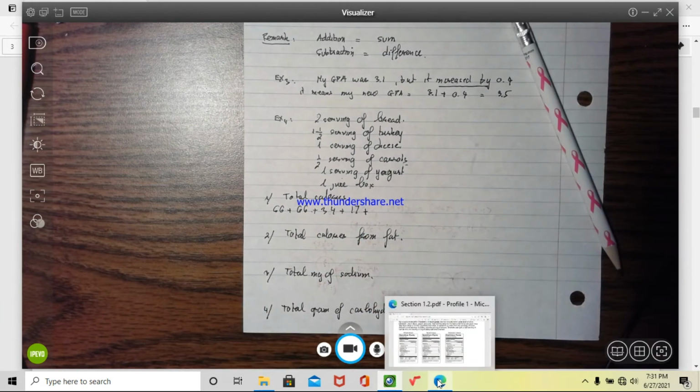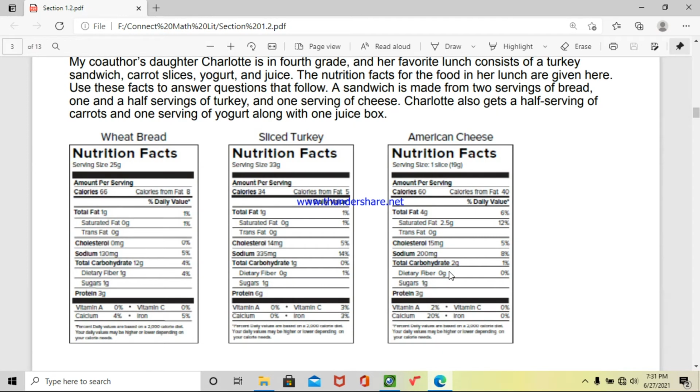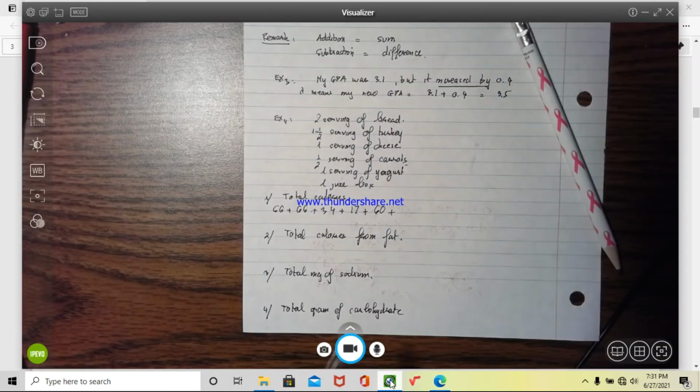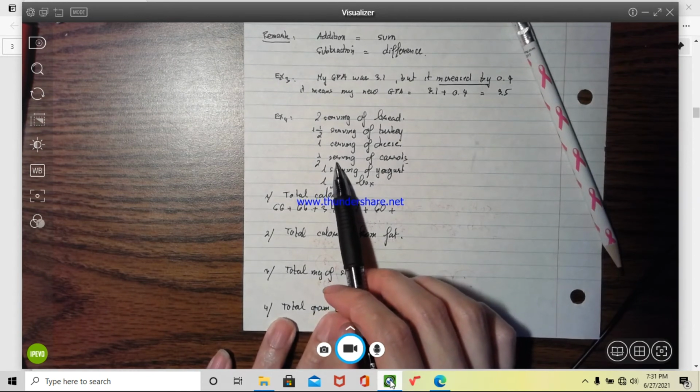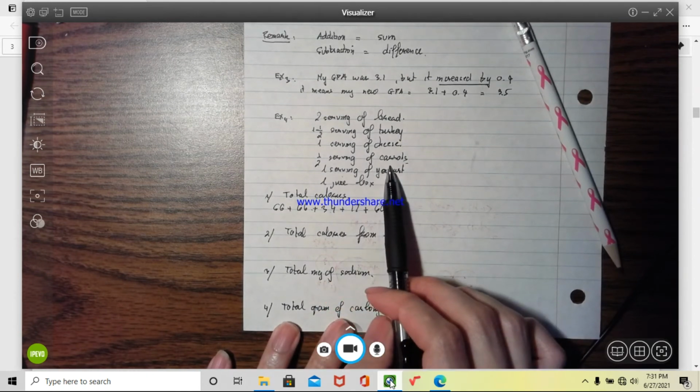So look at the cheese one. So cheese right here. So 1 serving of cheese will be 66. Oh, only 60, I'm sorry. So we have 60, and you add it to a half serving of carrot.